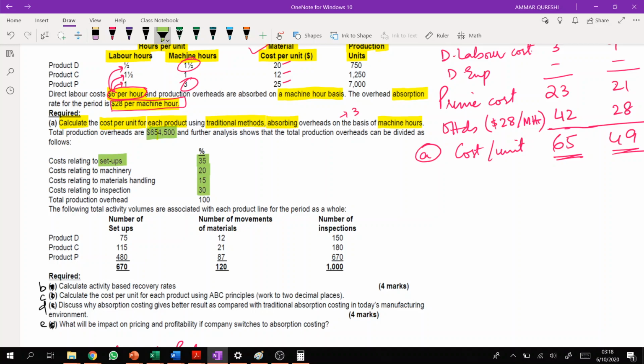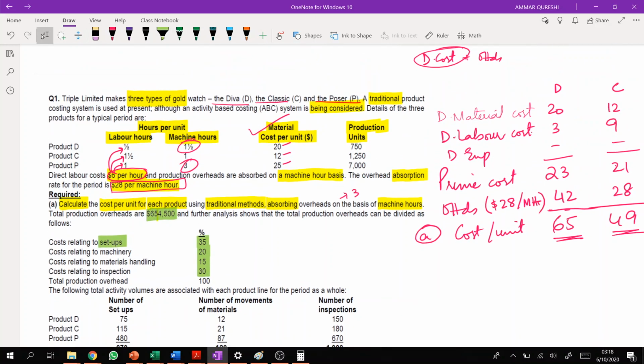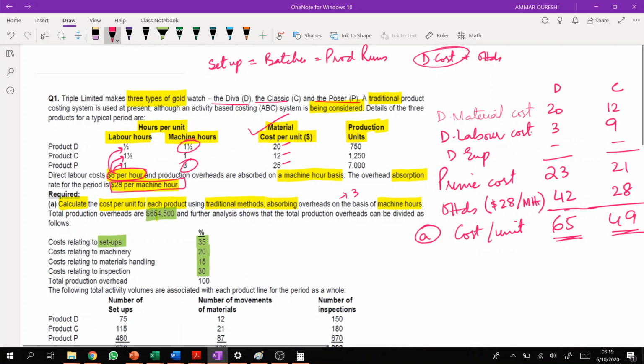And one more thing I just want to tell you, because it's really very important: usually the number of setups, number of batches, and number of production runs are the same.